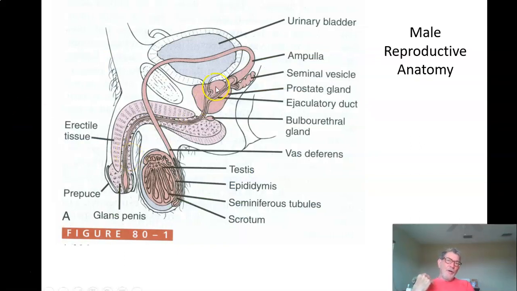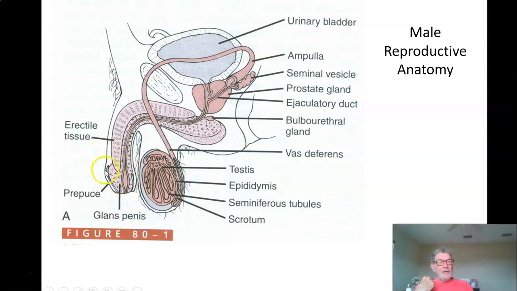Now here's the male reproductive apparatus. You have the shaft of the penis, which goes all the way back to here. It's attached in here to the pubis. Okay, here's the shaft of the penis. The head is called the glans, G-L-A-N-S, the glans penis.